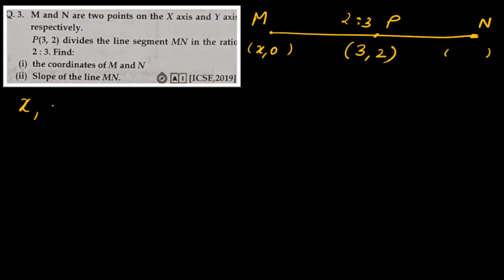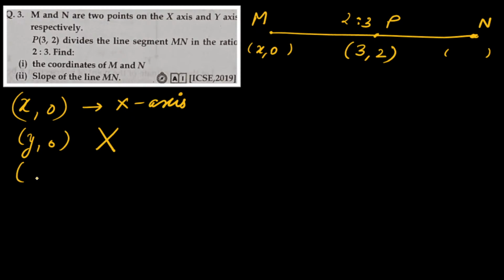Once again, x, 0 is a point on x-axis, and it is not y, 0. This is a common mistake. Y-axis means x is 0, so a point on y-axis is 0, y. Please don't make this mistake.